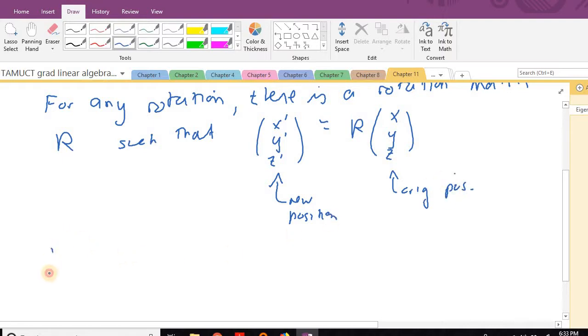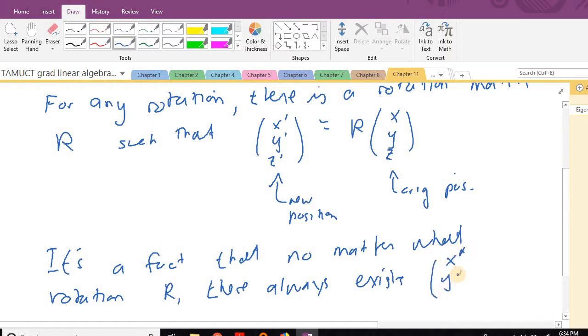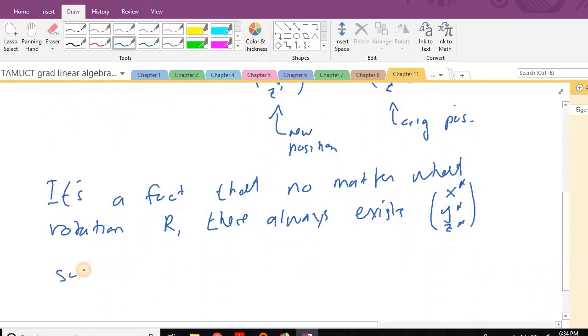Okay, and then it's a fact. So what I'm saying is that it's a fact that no matter what rotation, there always exists a point, and I'll write it as x star, y star, z star, such that R times x star, y star, z star, well, I said x star, y star, z star doesn't change.